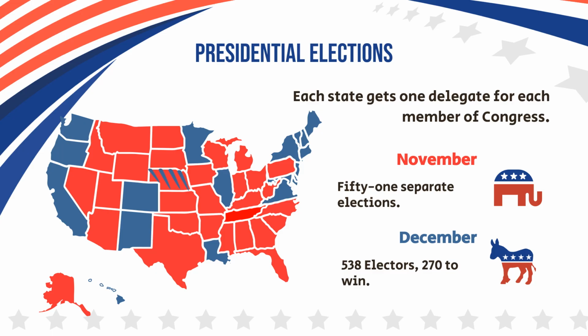That's why there's 51. One for each of the 50 states and another for Washington, D.C. And what that means is that the overall number of ballots cast for a particular candidate is essentially irrelevant. It is perfectly possible, even plausible, that a candidate can get more votes cast in their favor in November and not become the president of the United States.